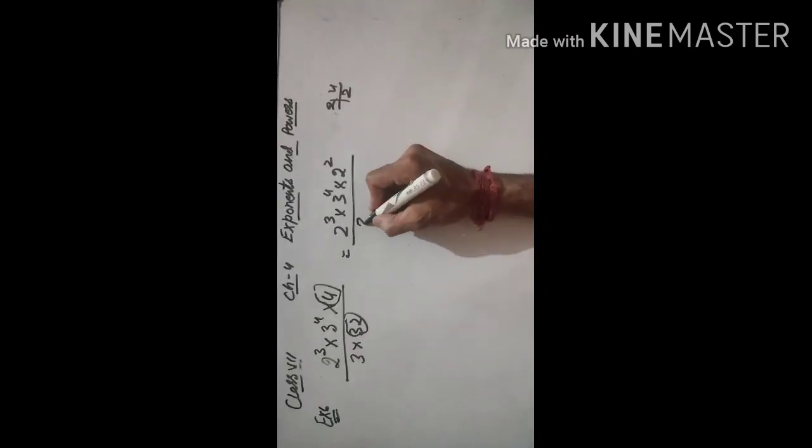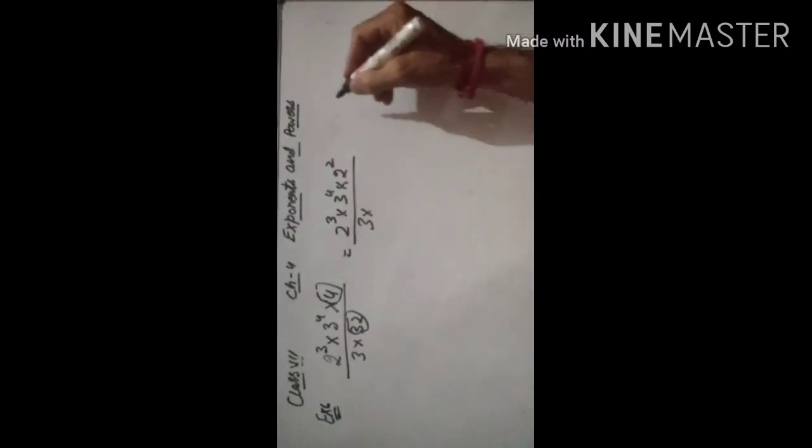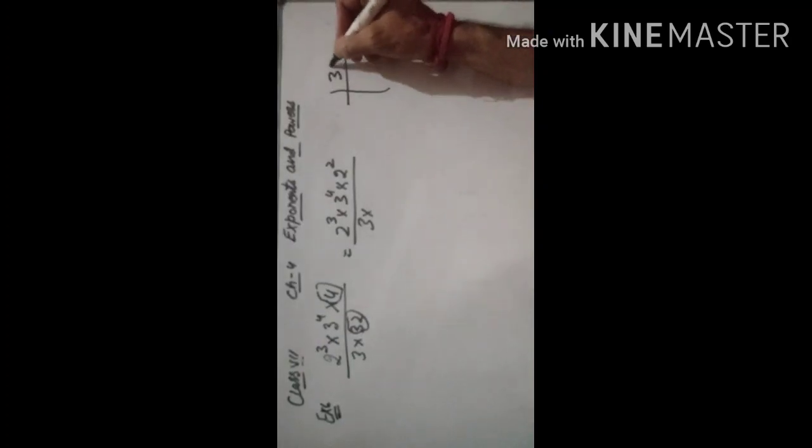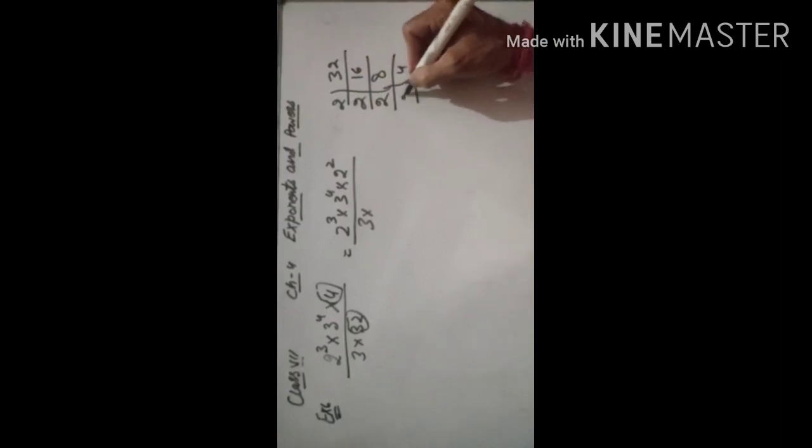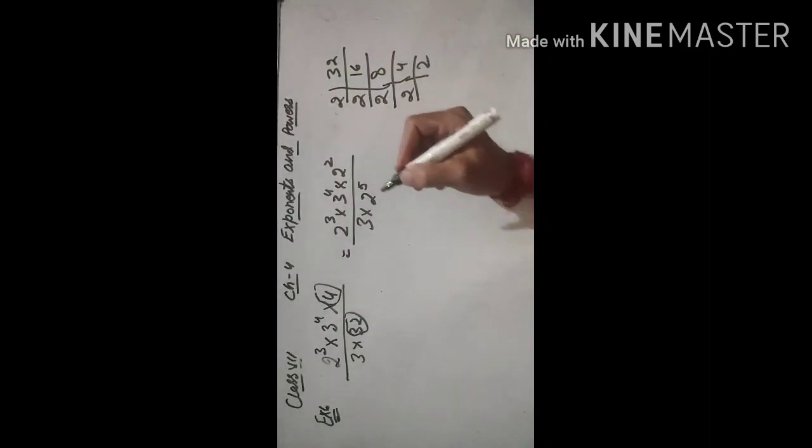Now 3 into the factors of 32, which is 2 to the power 5, 2 into 2 four times and 2, 1 2 3 4 5, 2 to the power 5.